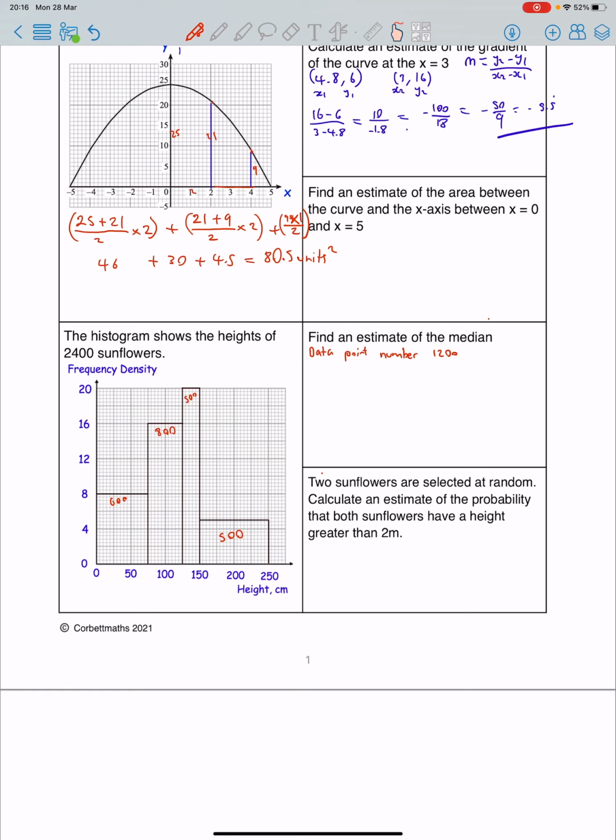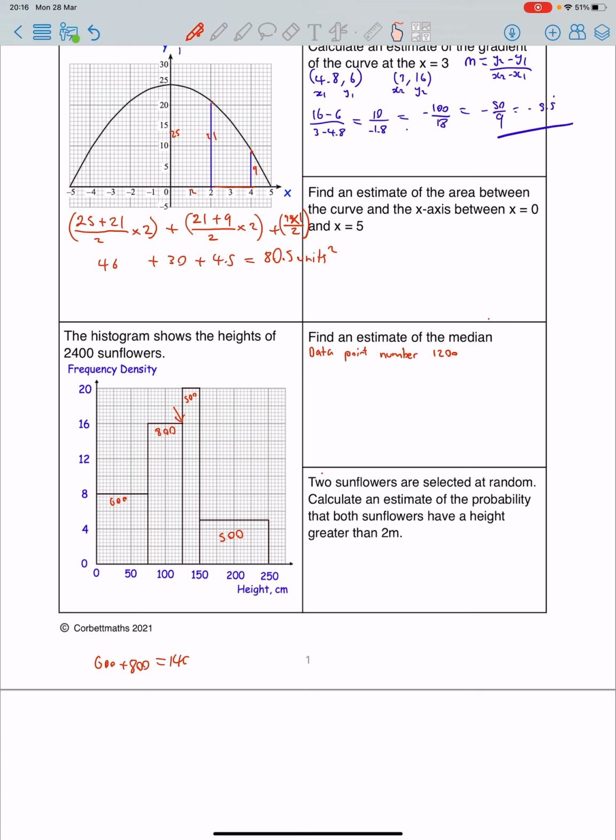2 sunflowers are selected at random. No, I still need to do the first part, don't I? Find an estimate of the median. So if we're looking for the data point number 1,200, up to 600, it's only 600 pieces of data. Up to the second bar, that is 1,400, because that's 600 plus 800.